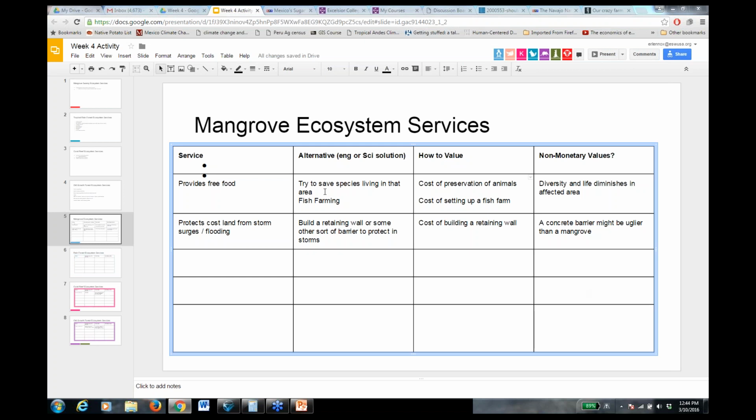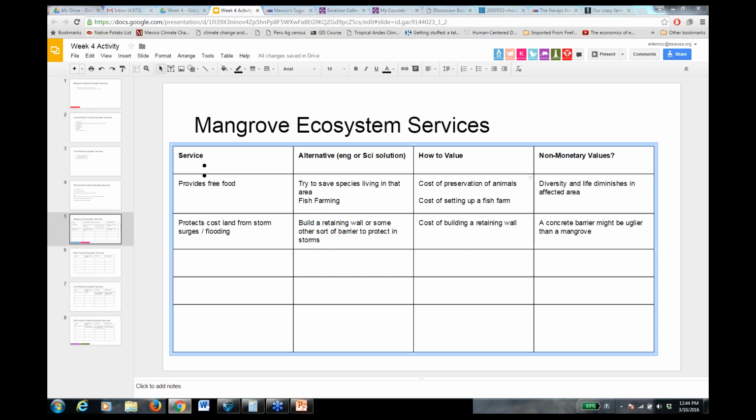So how to value it? It would be the cost of actually preserving the animals, so the cost of creating some sort of program that would help save or reintroduce an animal species. Or, if fish farming was your alternative, the cost of setting up a fish farm, bringing in all the feed and the nutrients, and developing the nets and whatever other infrastructure goes into that.